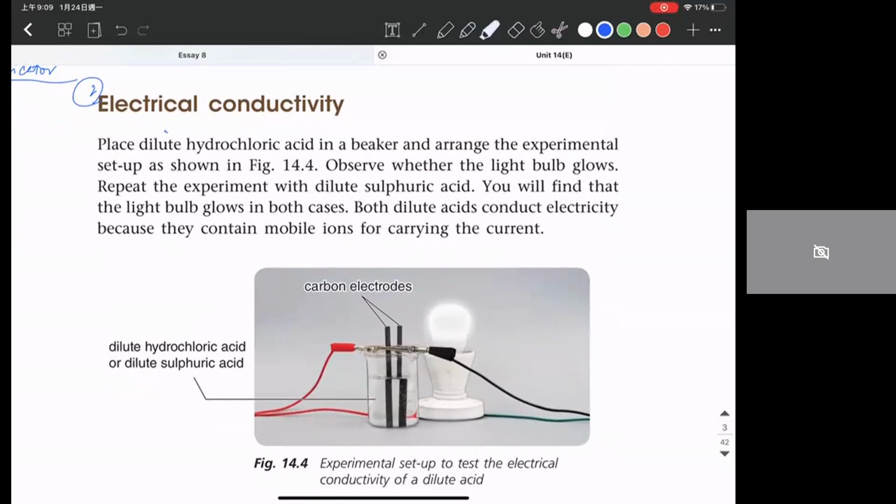Yes, mobile ion. Okay, mobile ion. So all of you, please mark it down. Mobile ion. This is a very important point.